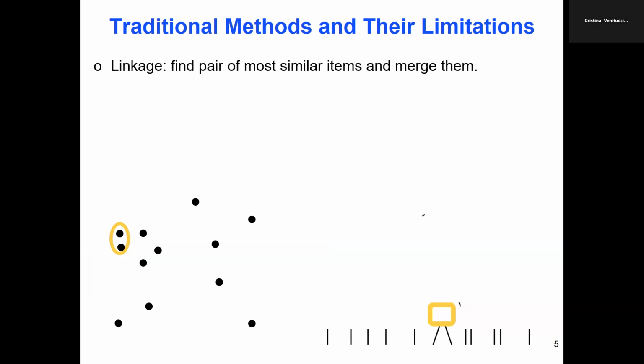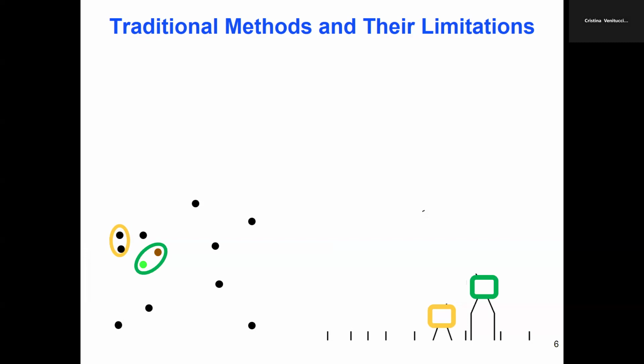This procedure is called linkage. This is what would happen, for example, for the next two: these two in green would be merged together, and you continue like that.